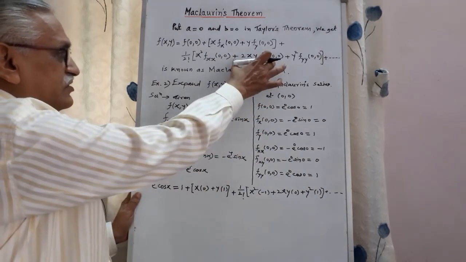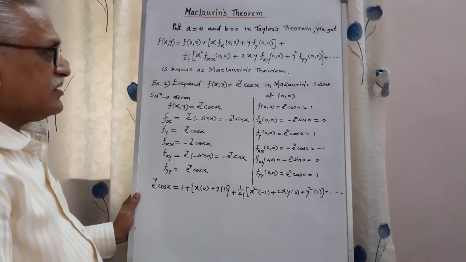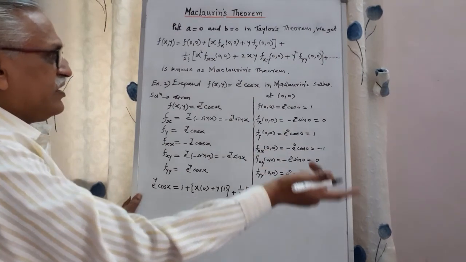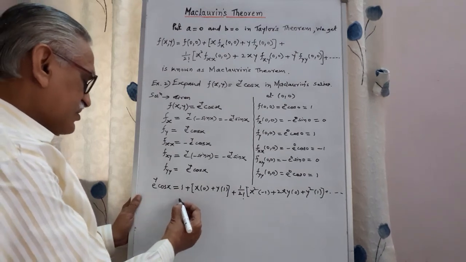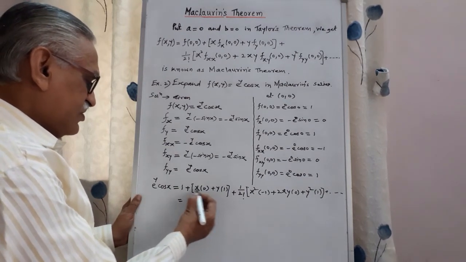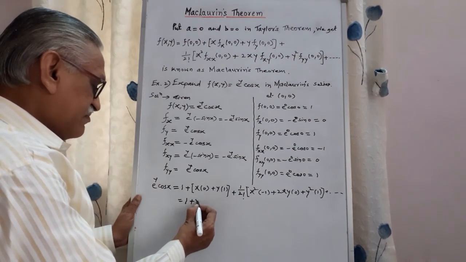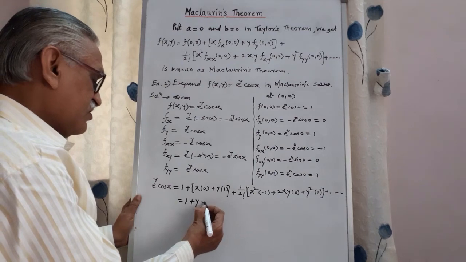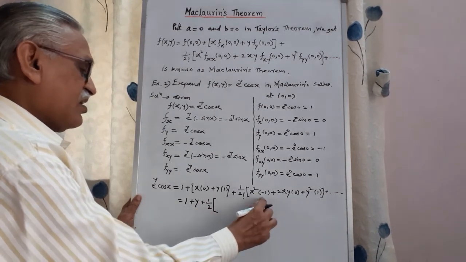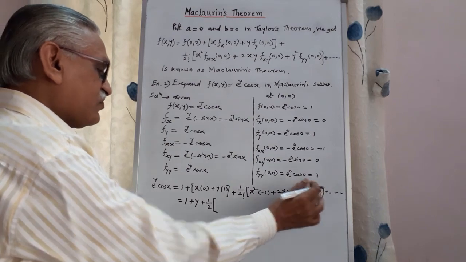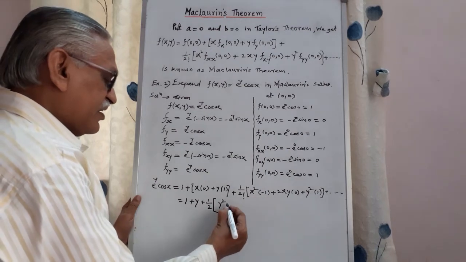If we consider this number of terms, we get the second order series. If we add the next terms, we get the third order series, like this. Therefore, if we simplify it, we get 1. This one is 0. Therefore, the next term is y, plus 1 by 2 into y square and minus x square.